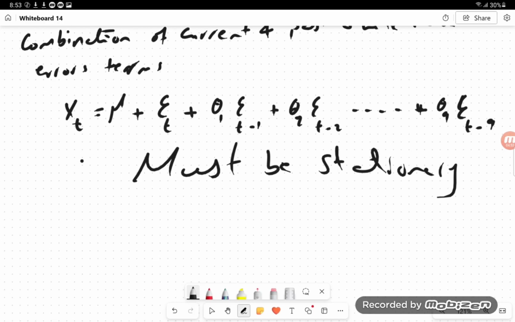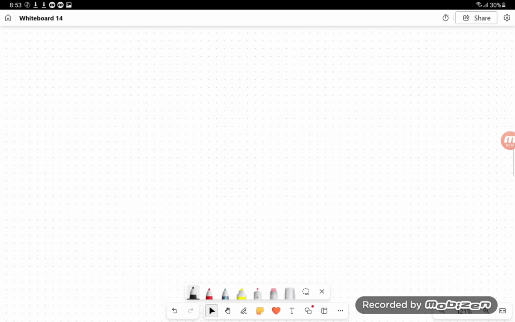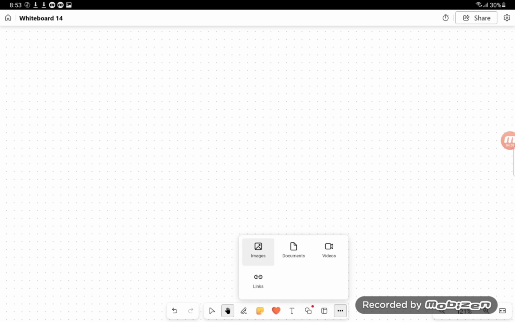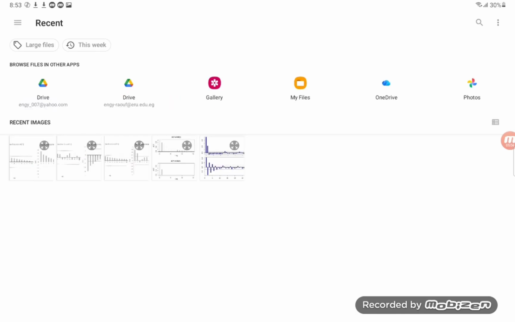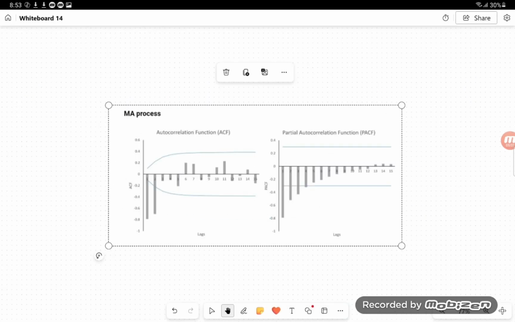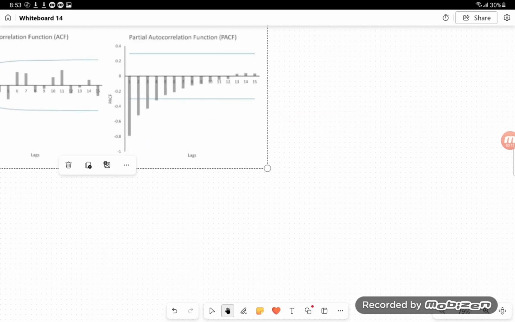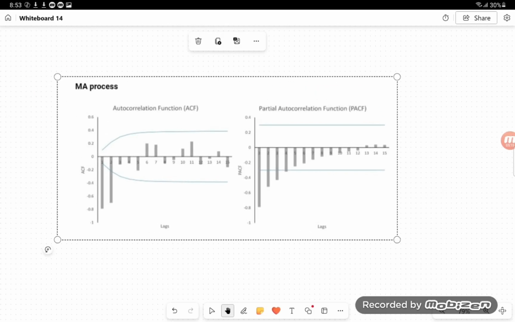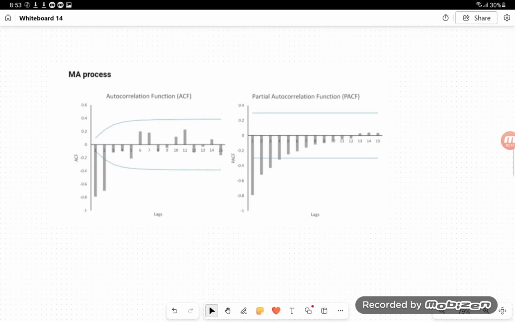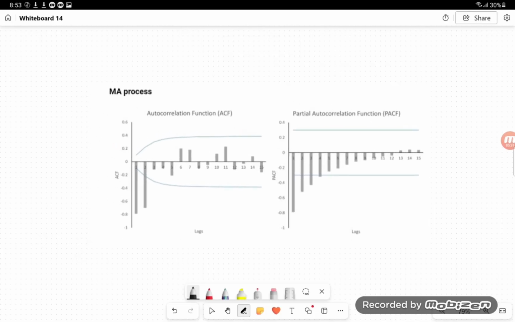Here is another example. Actually, we are going to use the same tool, which is ACF and PACF. MA is the inverse. ACF is used to determine the order of q, while PACF determines whether this is an MA or not.